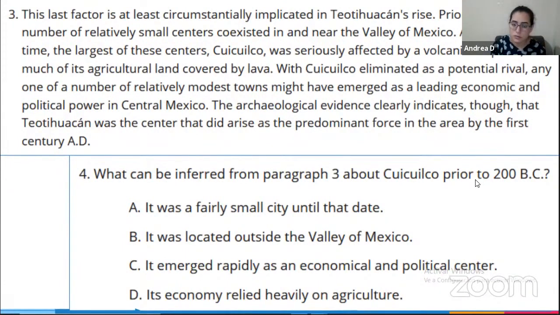It was seriously affected, the economic and political center of Mexico. So its economy relied heavily on agriculture. That's maybe why I think. Okay, gotcha. All right, great. Anybody else has a different one? Or you all agree?